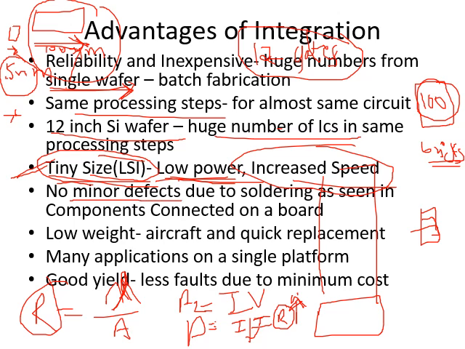Then, fewer minor defects due to soldering are seen compared to components connected on a board. What I am trying to say is, say you take a board and try to connect resistances, capacitances, all the devices, diodes, resistors, capacitors, and try to solder them, there will be some errors in soldering, right?